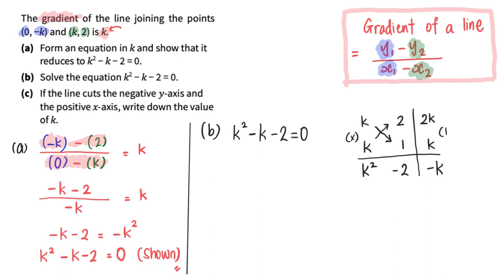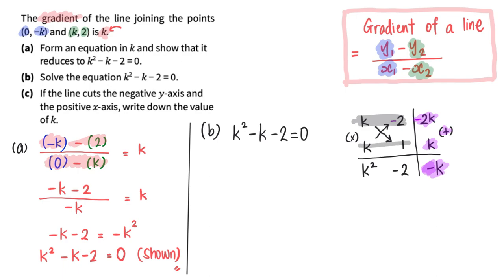And then I will need to decide, how do I get my negative k? This means that my 2 must be a negative 2, such that negative 2k plus k will give me my negative k. So I have successfully factorized this particular equation now.